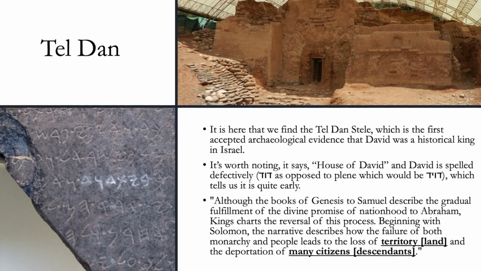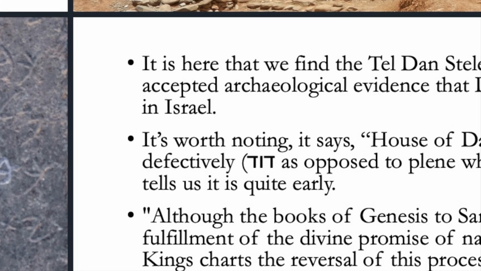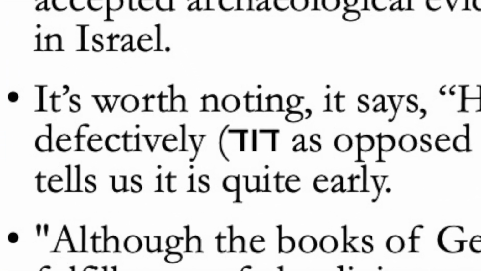And this is the first place where we have the name David, historically speaking. It's really interesting because there are two ways to spell David in Hebrew. There's an old way of spelling it, which is defective spelling, which is this.